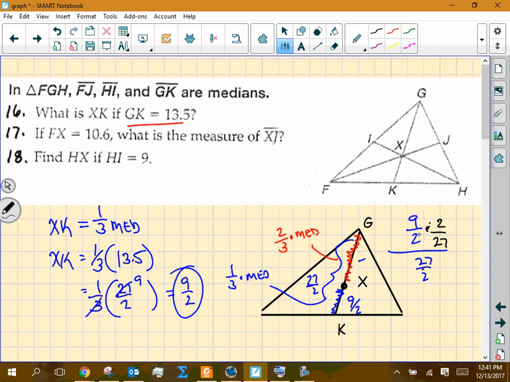What happens to my 2's? Cancel, right? How many times does 9 go into 27? 3. So I'm left with 1 up top and 3 on the bottom. So I replicate that 1/3 that I knew I should have started with to begin with, which is a nice kind of built-in check. If I'm using fractions, that's not too bad.